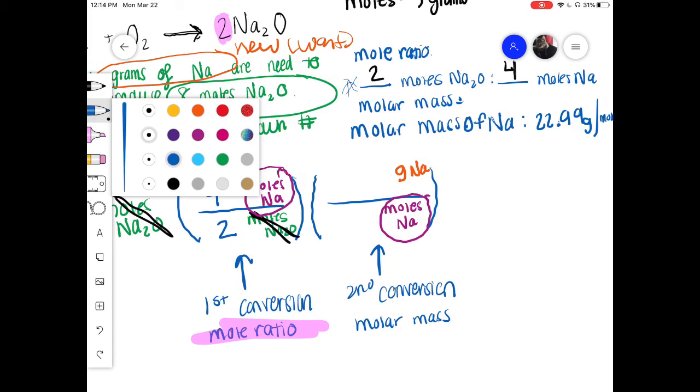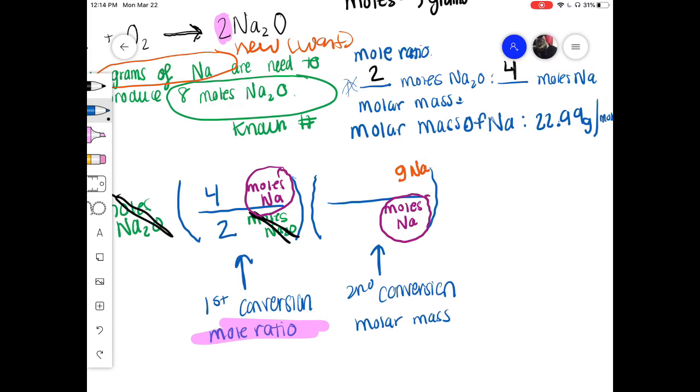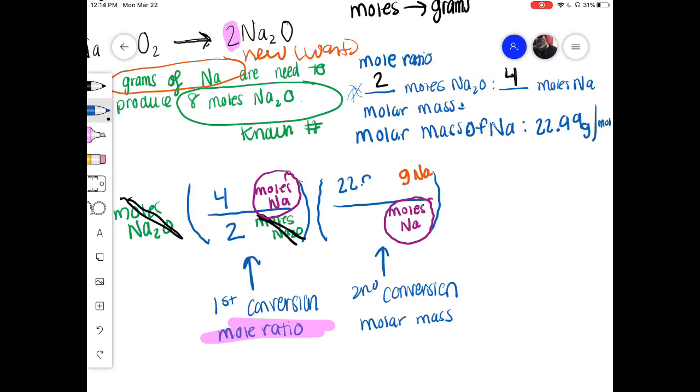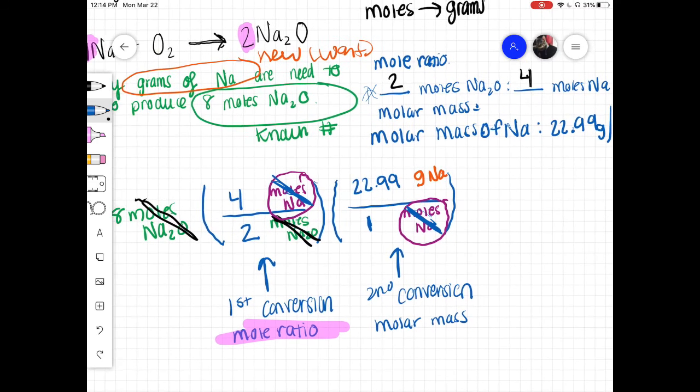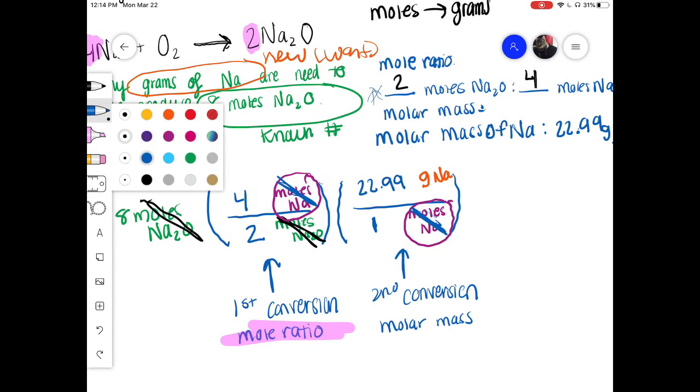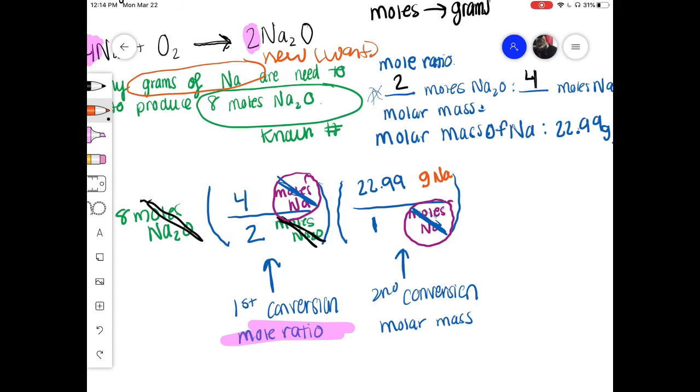And so for every 22.99 grams, so we're going to put that with the grams, we have 1 mole. And then moles of Na cancel out because we have 1 on the top, 1 on the bottom. And so the only thing not crossed out should be grams of Na.